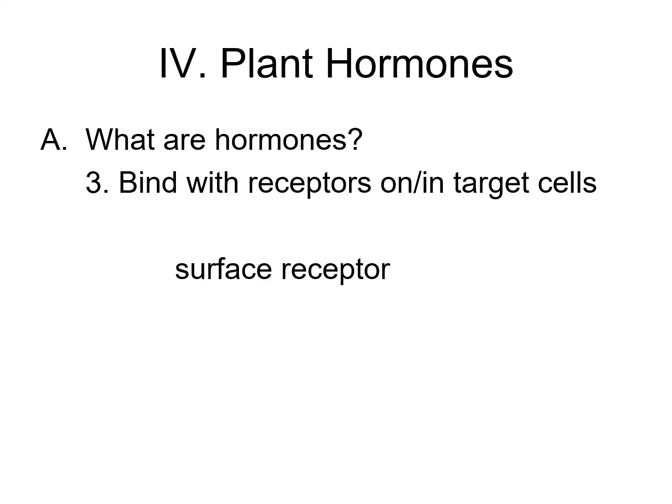If that protein is embedded in the plasma membrane, it's a surface receptor. That would be the case for hormones that are water-soluble and polar. If the receptor is internal, that would be the case for non-polar lipid-soluble hormones. They can cross right through the plasma membrane and bind to receptors on the inside of the cell.